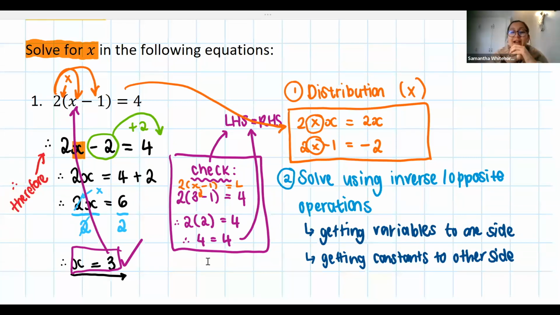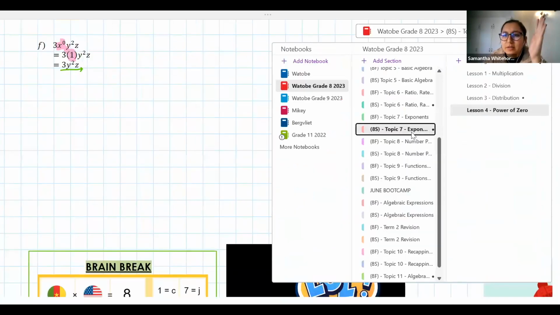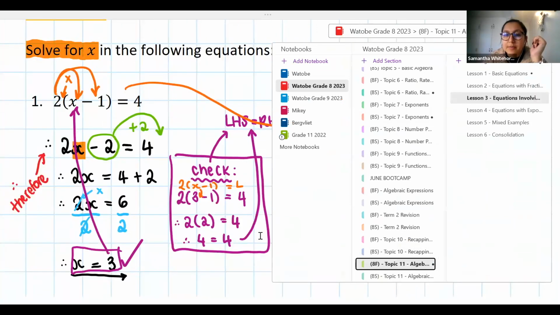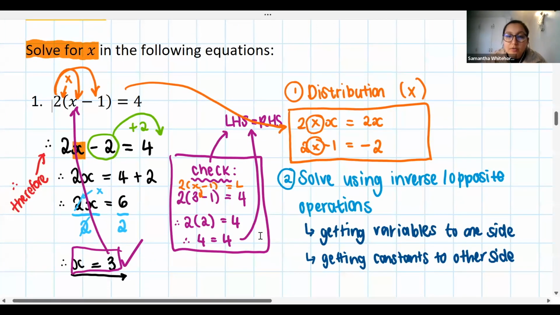So if your variable is an exponent, I'm just trying to make sure I haven't actually spoken about this before. No, all right. So if your variable is an exponent, the idea of inverse operations is still the same. We still need to apply everything that we've learned with equations.